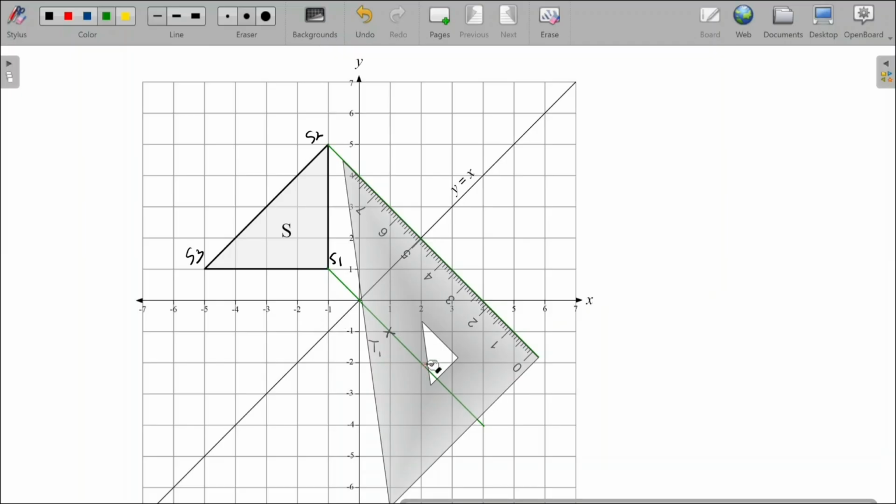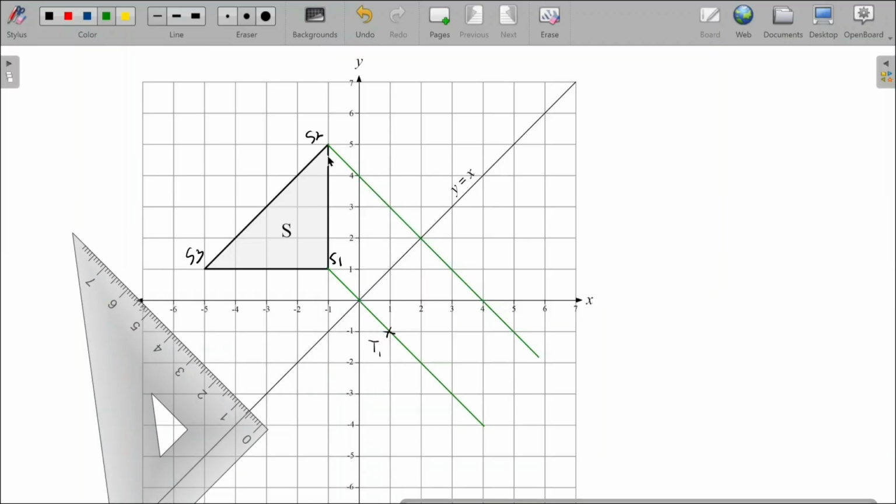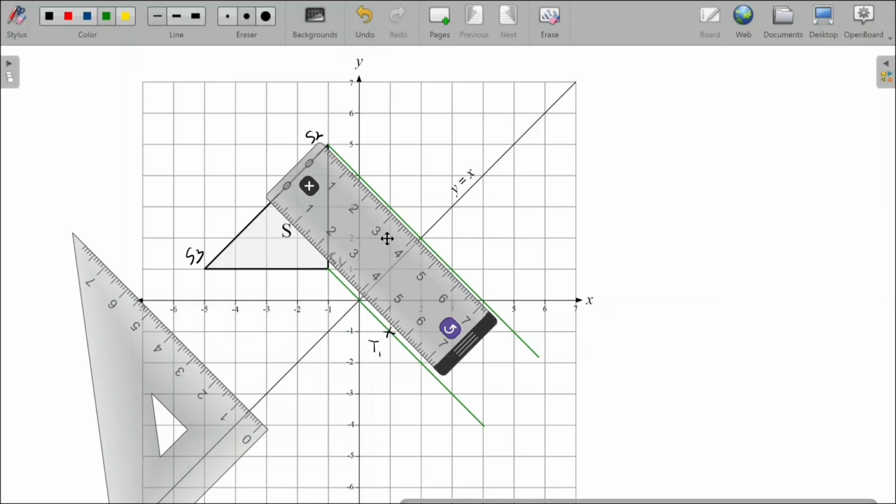Make it long enough. Then with our ruler, we measure the distance between S2 and the line of reflection. On the green line, it will be the same distance from the line of reflection to where we have T2, which corresponds to S2 on triangle T. The distance between S2 and the line of reflection on the green line is about 4.15, or let's say 4.2.